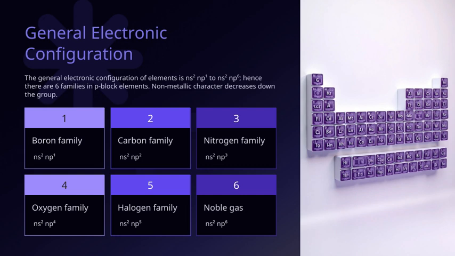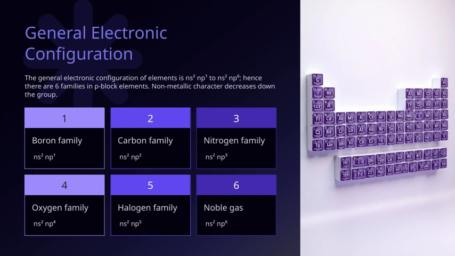Moving to the nitrogen family, they have ns2np3 configurations, giving them 5 electrons in the outer shell. Next, the halogen family has ns2np5 configurations, with 7 electrons in the outer shell, which explains their high reactivity and tendency to form salts.